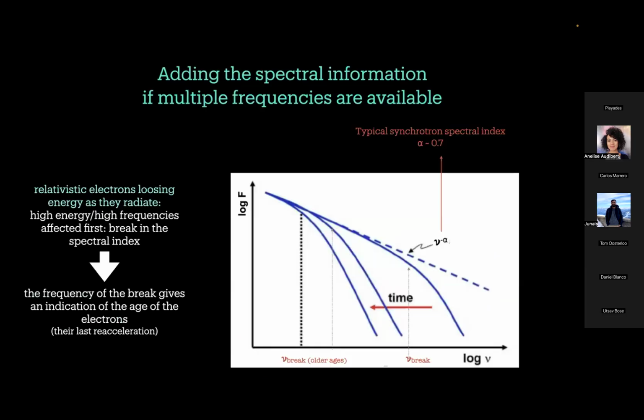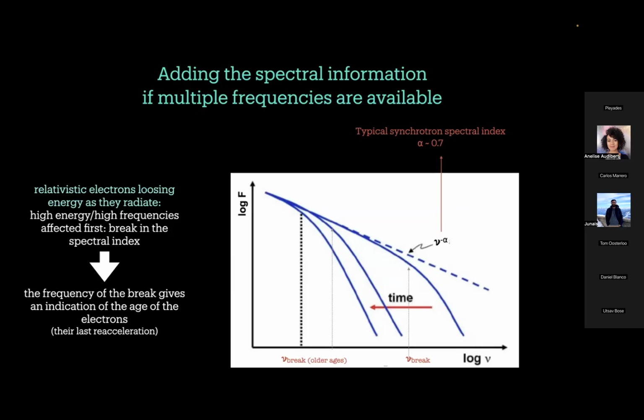But this is also interesting, because if you can measure the shape of the continuum in your object at different frequencies, and you see some steepening, the frequency where this break happens is proportional to the age of the electrons, the last acceleration.